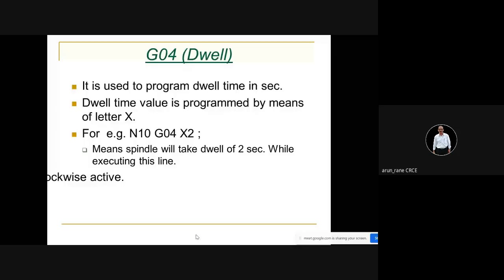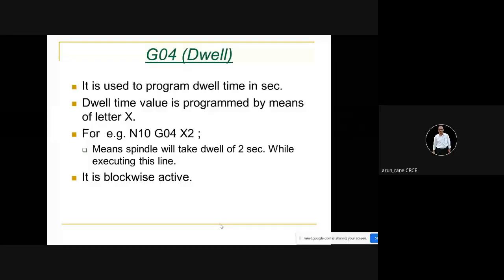Again, it is not a modal code. If the question is asked to differentiate between modal and blockwise code, then in the example you can give this: G01, G00 is modal, G04 is blockwise or non-modal code. That is, it remains active in that particular block only.